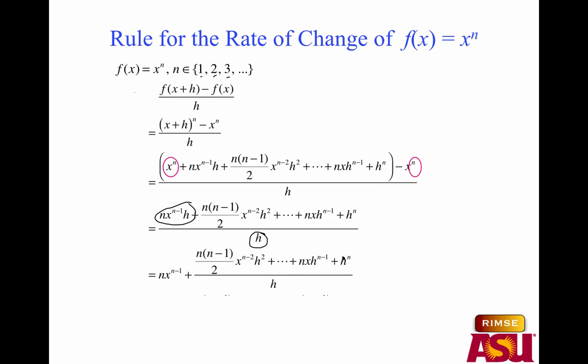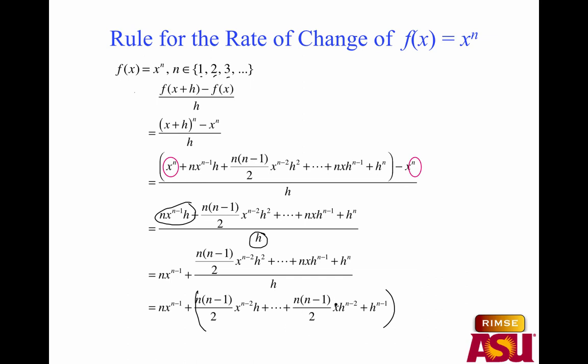Each of these terms still has an h in it, so I can factor out the h and reduce with the h in the denominator. So I end up with something like this, where notice all of these terms still have an h in them, because I was reducing things like h squared, h cubed, h to the fourth, all the way up to h to the n, and dividing by h.